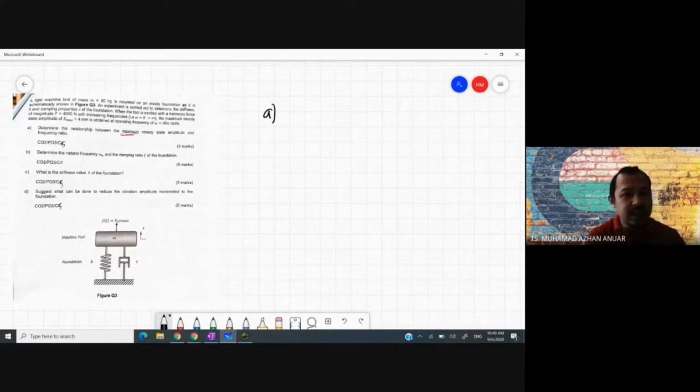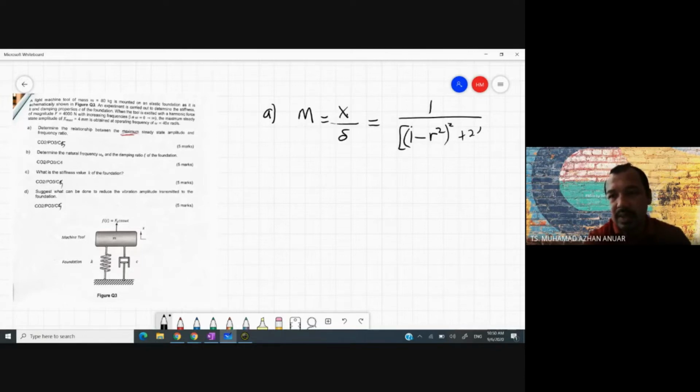We know that the magnification factor for the forced vibration system, M, is given by X divided by delta, equal to 1 divided by the square root of (1 minus R square) square plus (2 zeta R) square, to the power of 1 over 2.